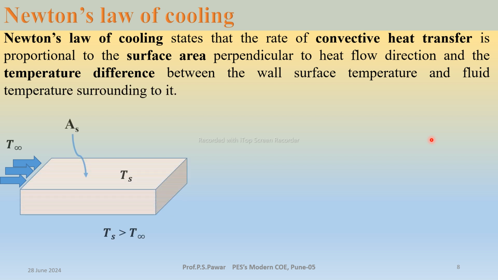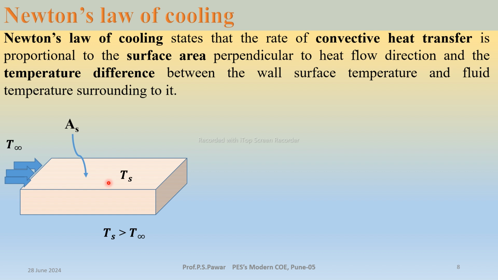So here you can observe that air flows from the left side to right side over the plane wall whose temperature is Ts, surface area is As, and surrounding air temperature is T infinity. So Ts is greater than T infinity here.